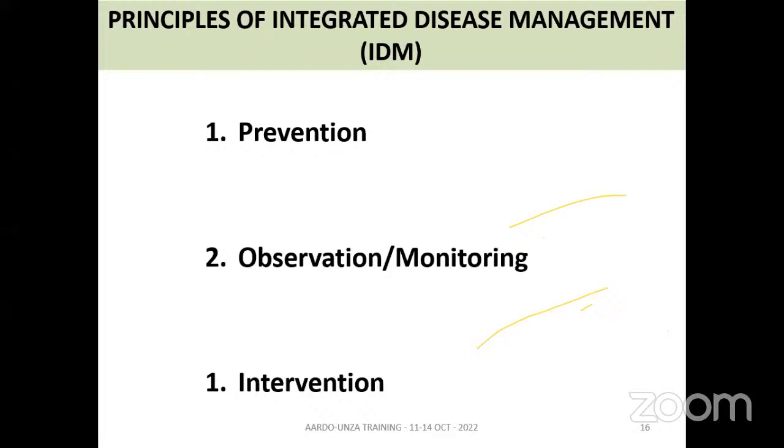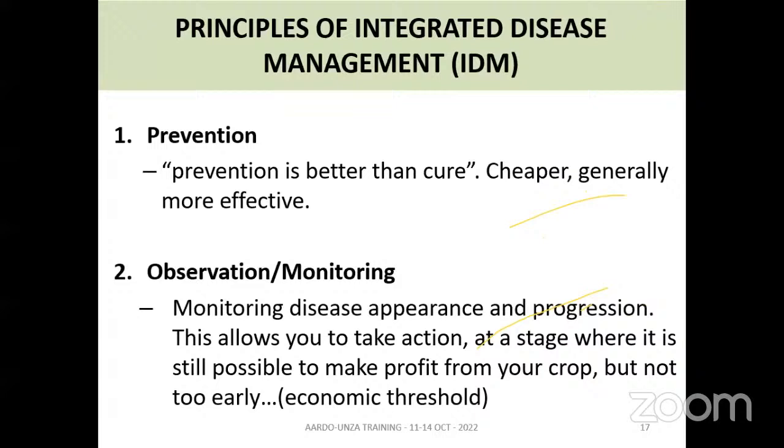And prevention, we all know that there is an old adage which says prevention is better than cure. It's always good to put up preventative practices, so that you prevent disease from showing up. Because once it shows up, some diseases can be really problematic. Phytophthora infestans or late blight in potato, for example, or in tomato. It can show up today, and before you realize, within a week or a week and a half, a big part of your field is affected.